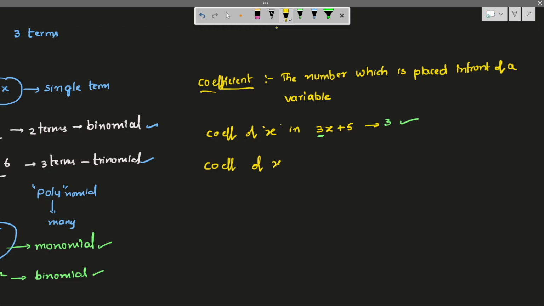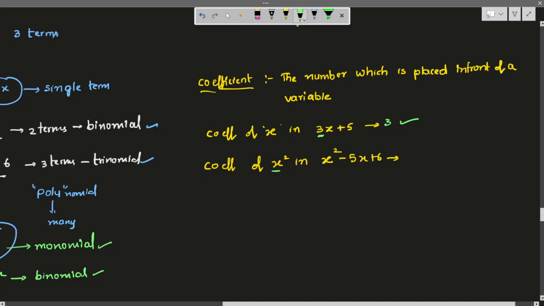Now what is the coefficient of x square in x square minus 5x plus 6? The answer is 1, because coefficient is nothing but the number in front of that quantity. If there is no number before the quantity, by default there is 1.